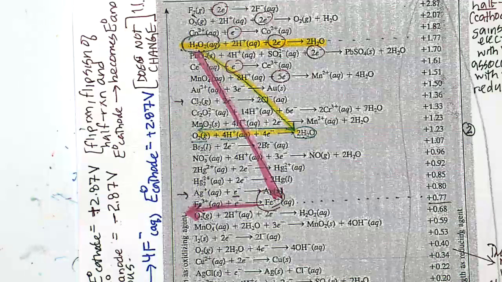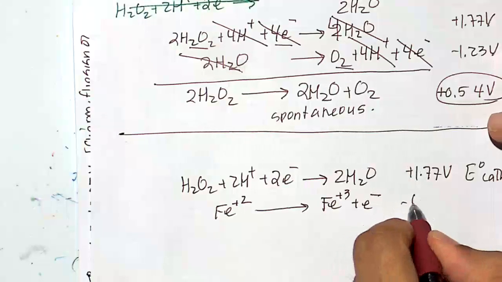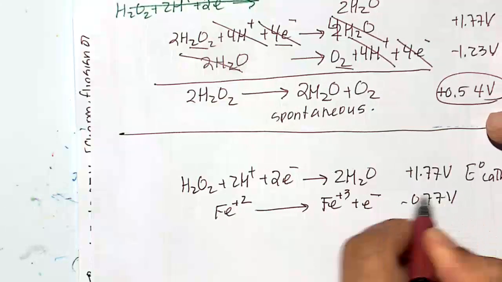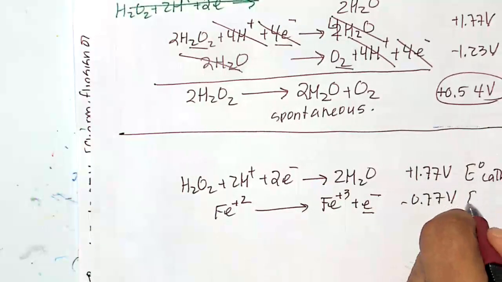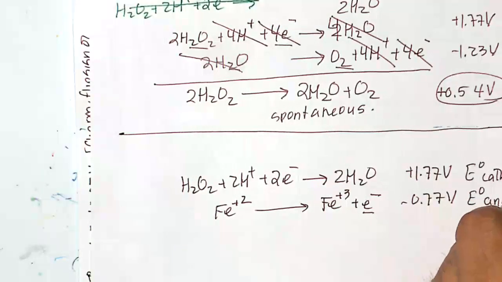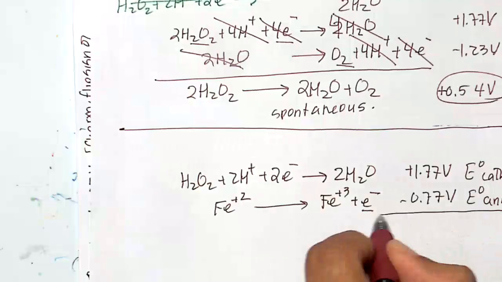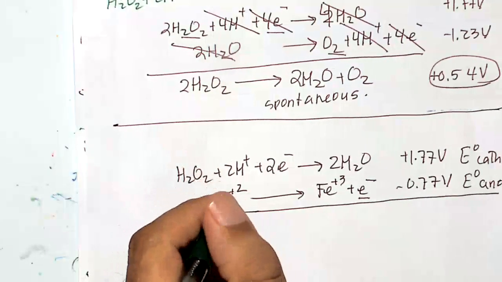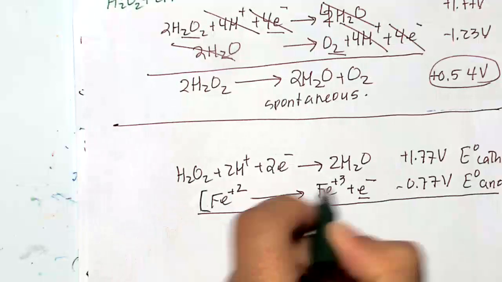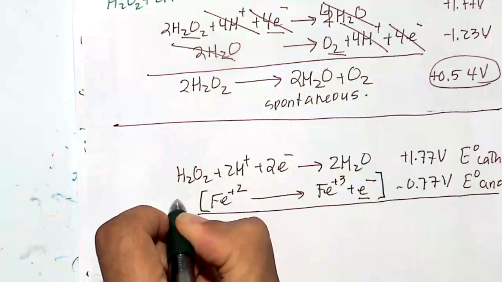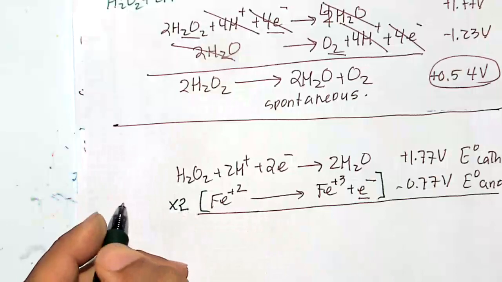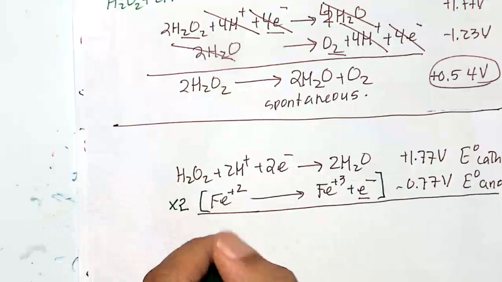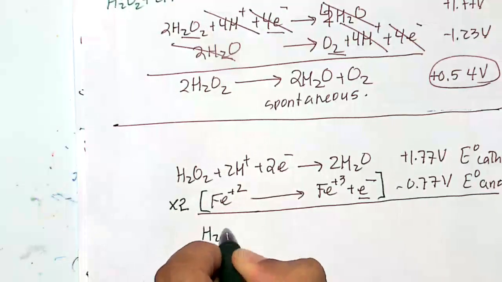We flip the sign, so positive 0.77 becomes negative 0.77. This has lost an electron, so it becomes the anode. To cancel out any spare electrons, I'm going to multiply this bottom half reaction by 2.